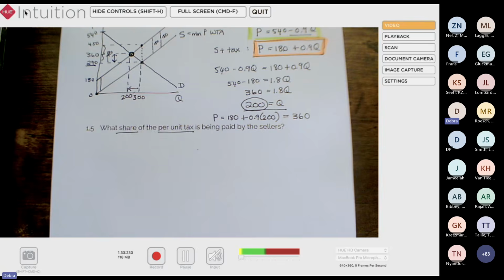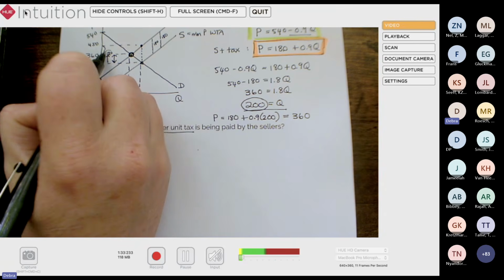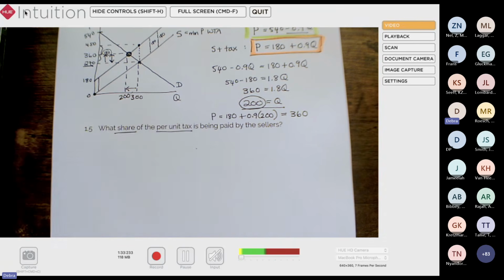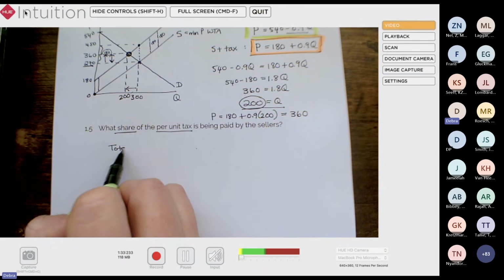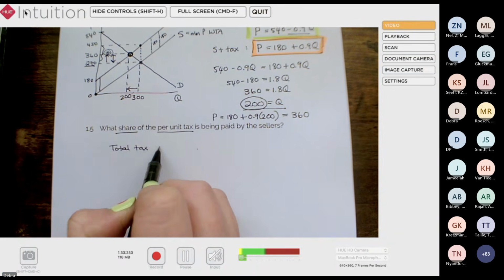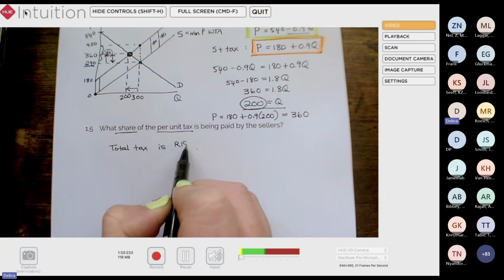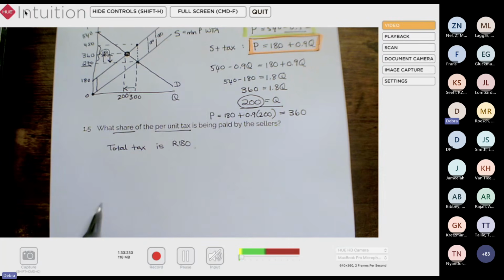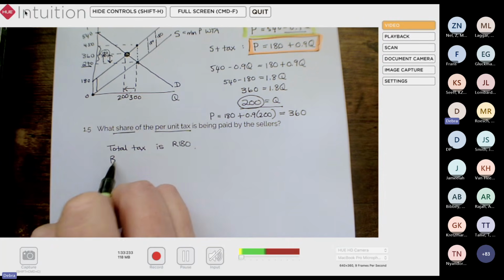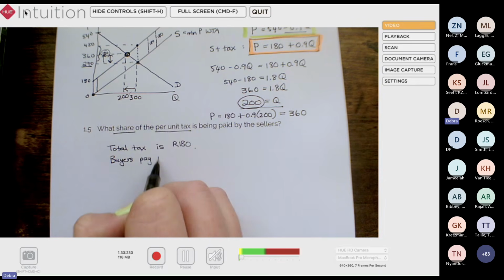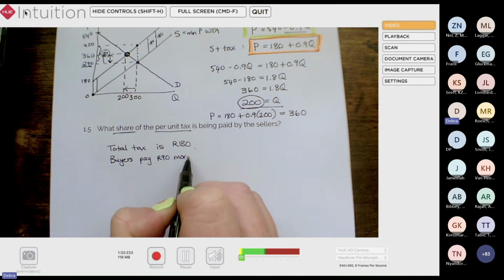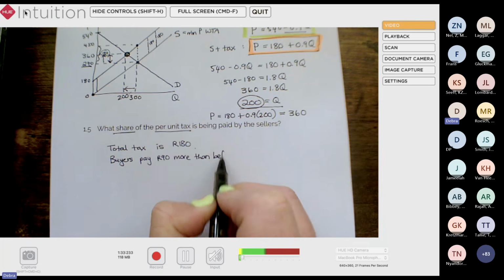The total tax is 180. So if the total tax is 180 Rand and buyers pay 90 Rand more than before, that must mean that the remaining 90 Rand of the tax must be paid by the sellers.